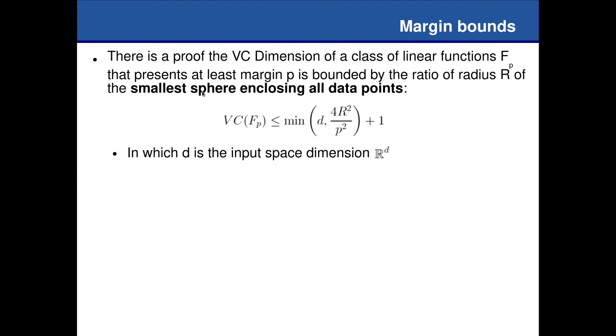I'm not going to go into the details on this Vapnik-Chervonenkis dimension based on the margin bounds. I just want to motivate you guys to understand that based on the generalization bound, Vapnik came up with some other theoretical formulations to provide some additional learning guarantees, of course, in this scenario.